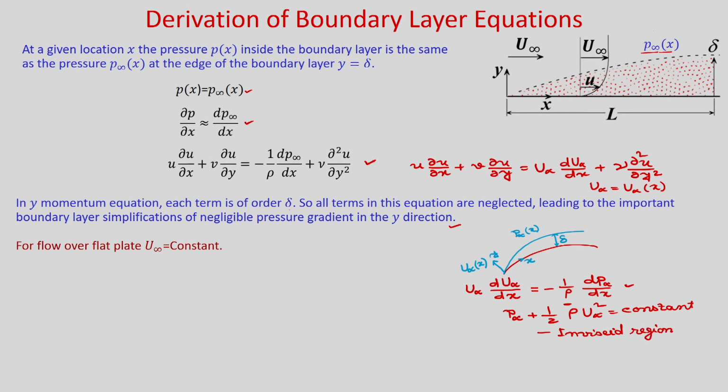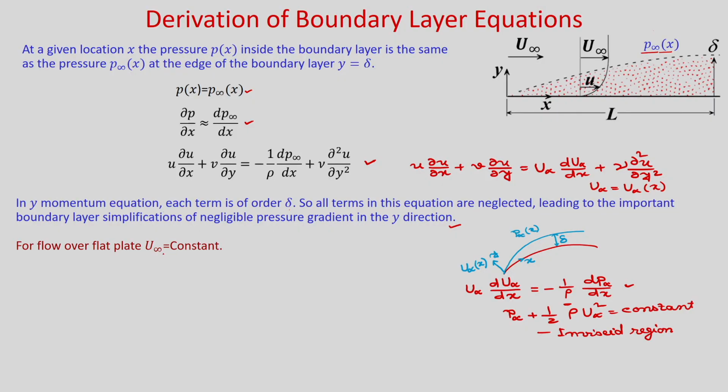Now, consider a special case: flow over a flat plate. In case of flow over a flat plate, u infinity will be constant, it is not a function of x. So du infinity by dx will be 0, because u infinity is constant.